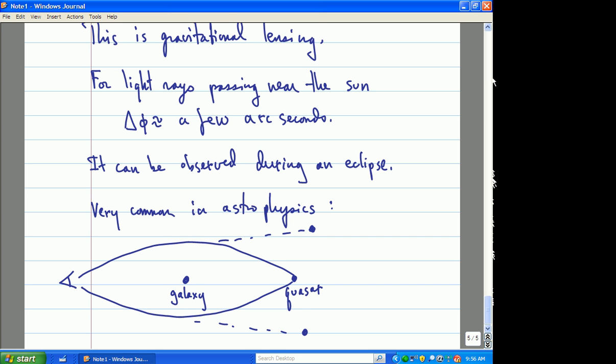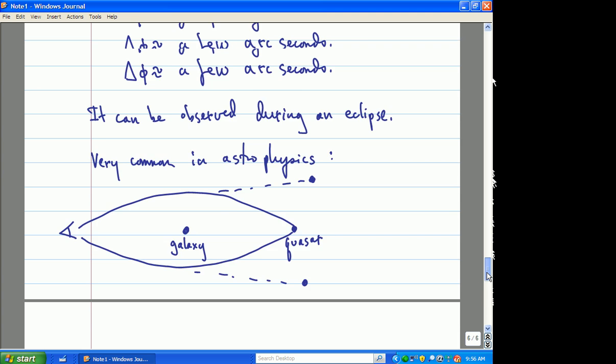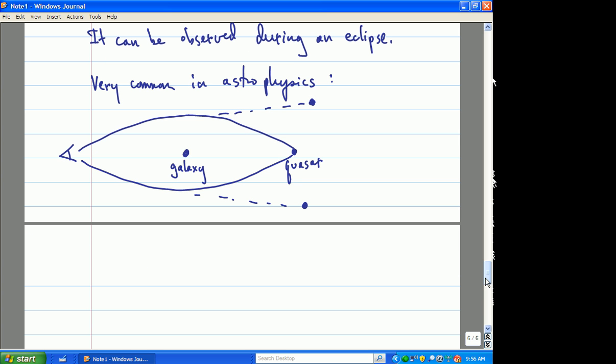And in fact, this is an extremely useful tool in astrophysics. One of the reasons that it's useful is that although I have derived for you the expression for gravitational lensing for a spherically symmetric object, it is reasonably straightforward to, using a similar approximation scheme, derive the equation for lensing for other more complicated sets of objects.